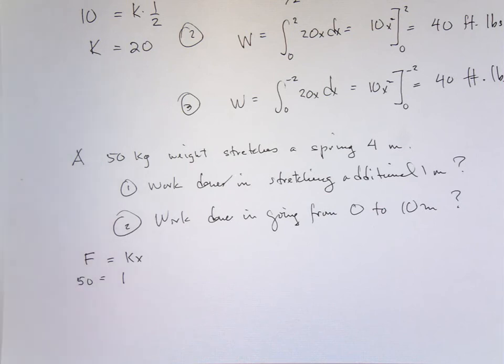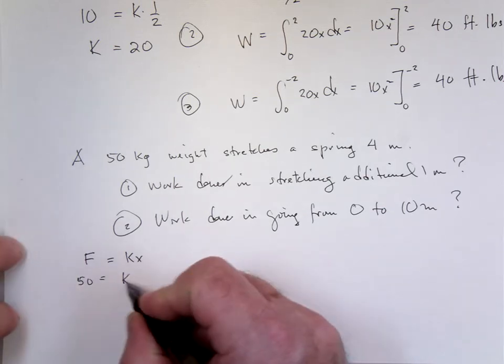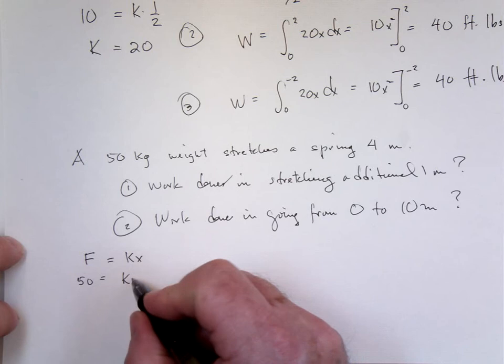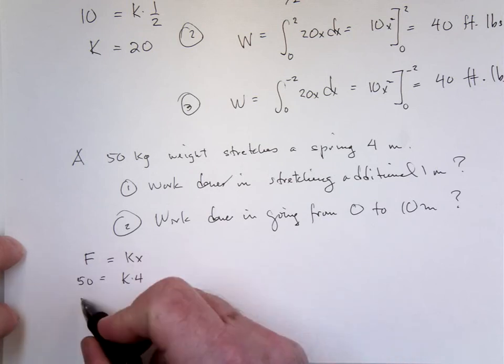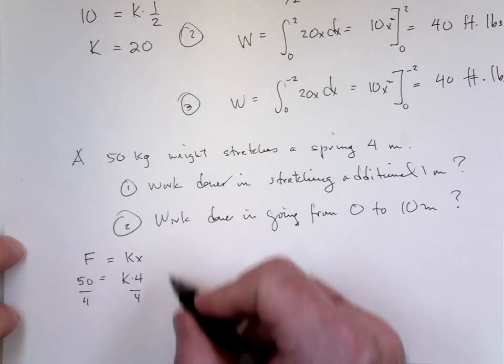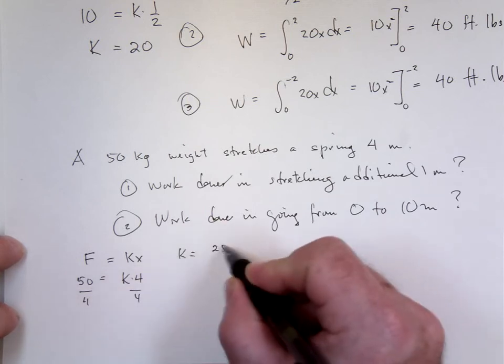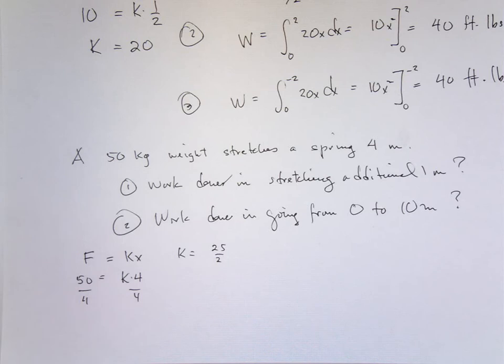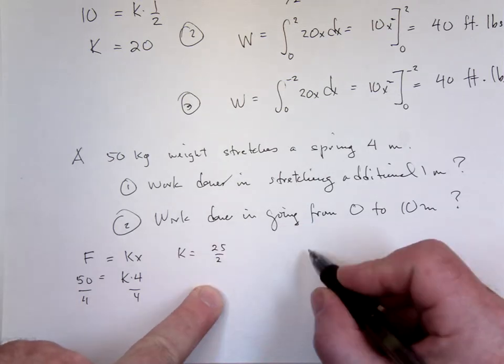All right. K times X is 4. Divide by 4, both sides. So 25 halves, that's K. Once we find K, we'll find the work done in stretching it an additional 1 meter. So we're already out there 4 meters. We want to go to 5 meters.